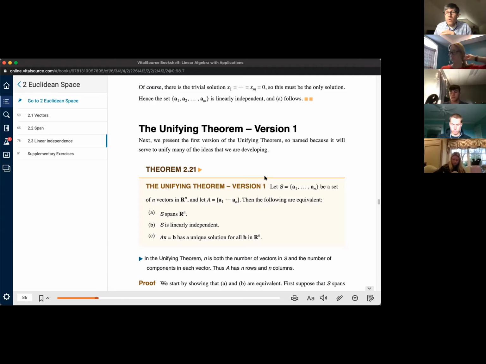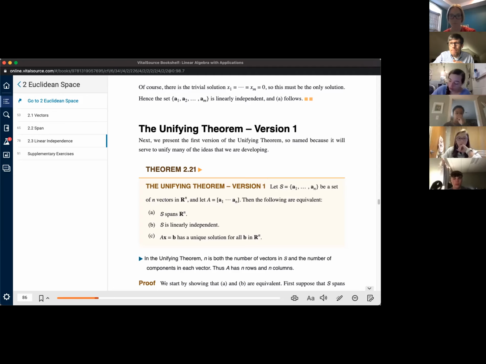So let's talk a little bit about why it would be true. Part A says S spans Rn. So let's think, how do I tell if vectors span Rn? What am I looking for in terms of the pivots there? Anybody? A pivot in each row. Pivot in each row, absolutely. So in order to span, I need a pivot in every row, exactly.